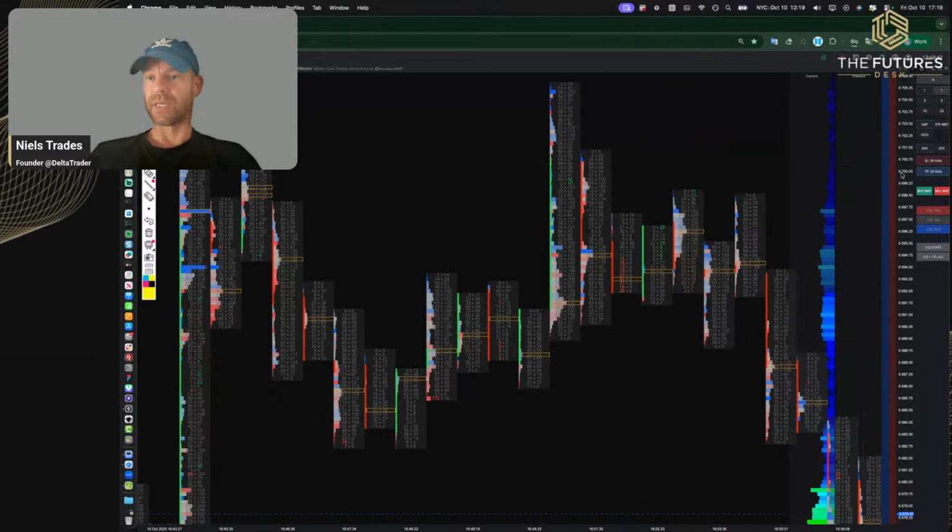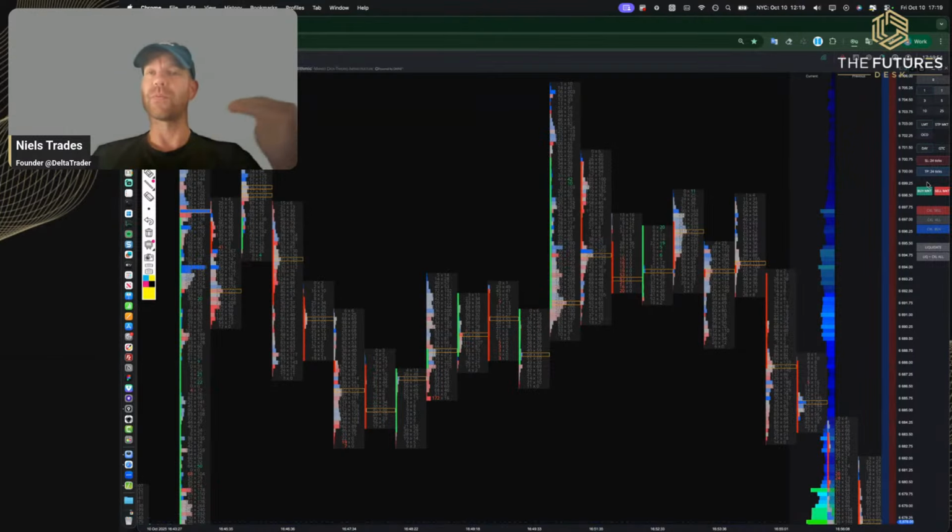And you can see the bracket here, right? It's 24 ticks either way. I don't want that to hit. It's not my stop always. I move it pretty quickly towards my break even.